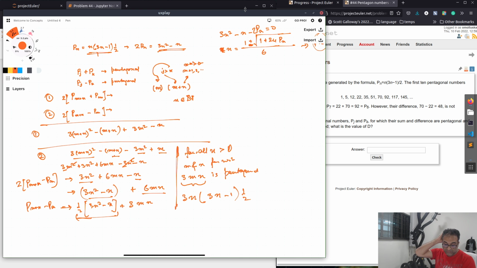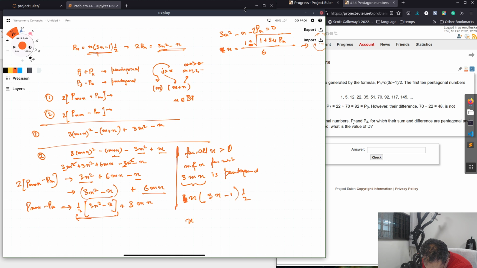This is also always going to be pentagonal, correct? Wait. It's like that.